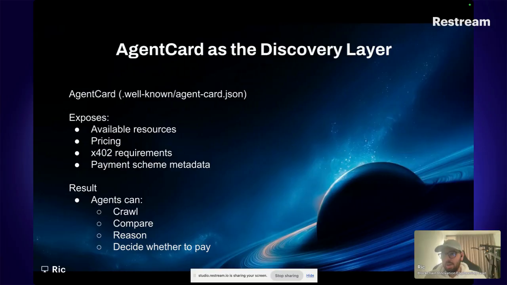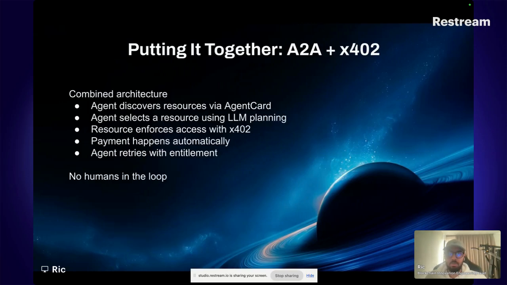And then the agents themselves can research, request, scroll, compare, reason, and then decide whether they want to access and pay for a specific resource, tool, system, or even another agent with a different set of skills, in order to access the data that those resources return.